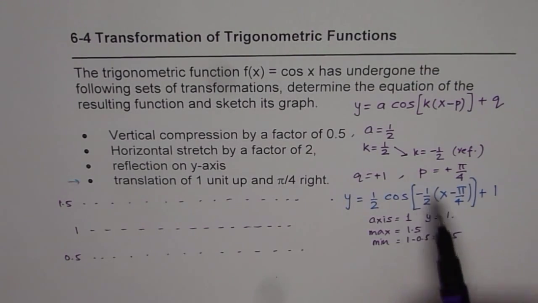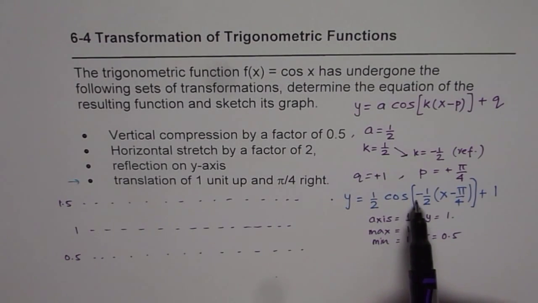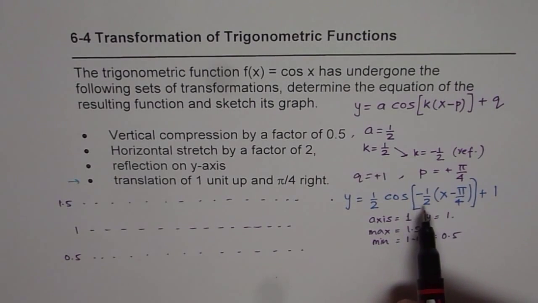Now cosine function basically starts with a maximum. Now since this is reflected on the y-axis, remember one thing, cosine function is an even function. So even after reflection, it is going to be exactly the same, correct? Cosine functions are even functions.